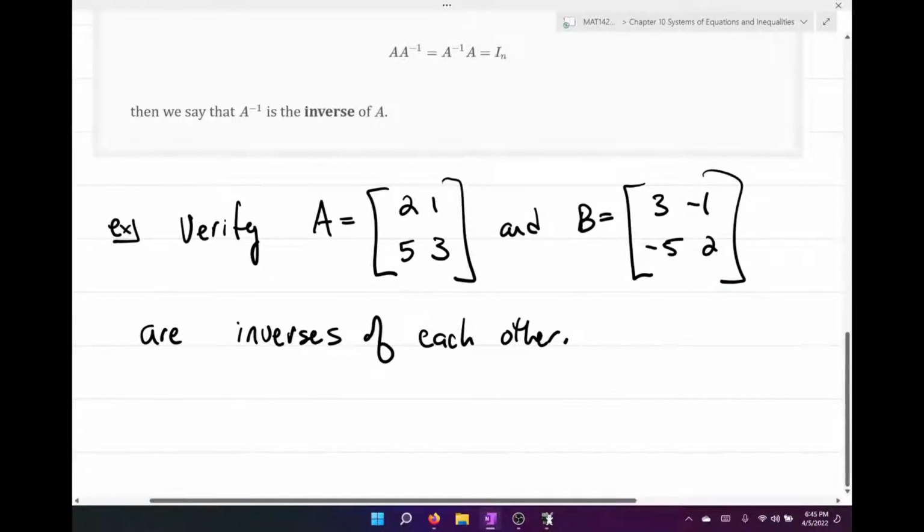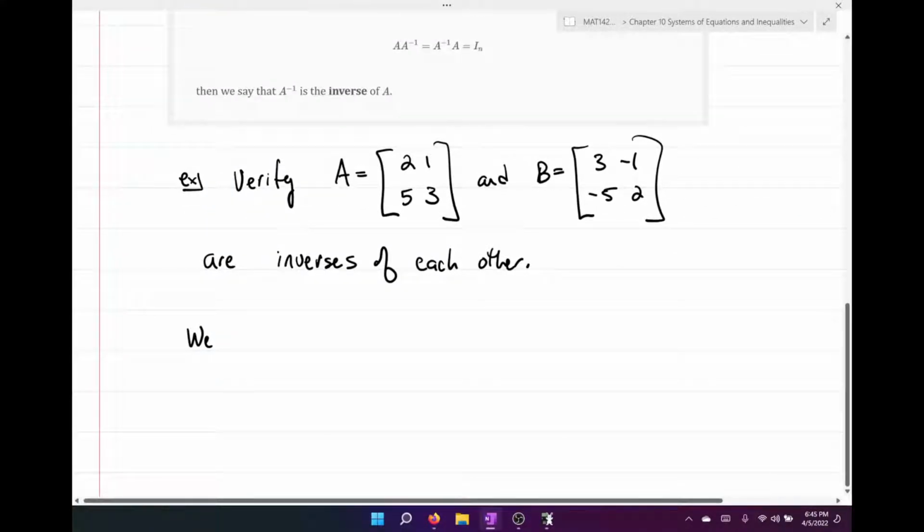So what we need to show is that A times B equals the identity, and B times A also equals the identity. Okay? So, like I said, it's really straightforward.